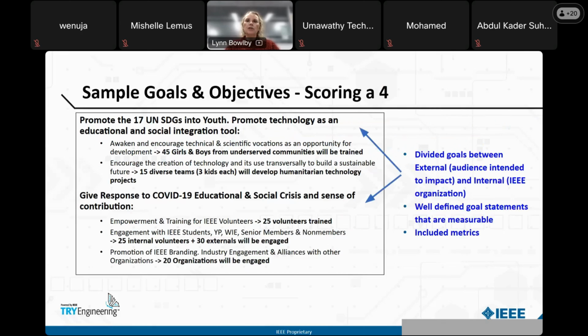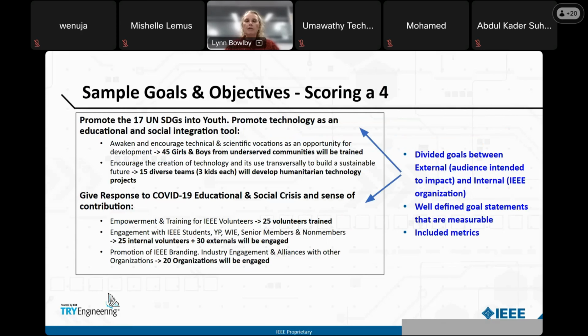So there were divided goals between external and internal audiences. There's well-defined goal statements that are measurable and include metrics. So I cannot stress enough how important it is for you to include metrics or data in your application. We really want to know how many students are going to be reached, or parents, or teachers, how many volunteers might be trained because of your program.